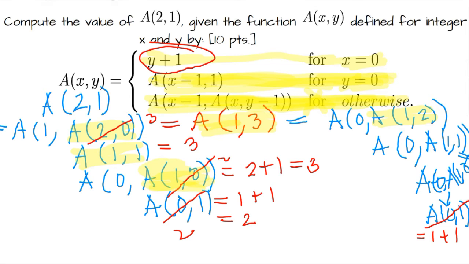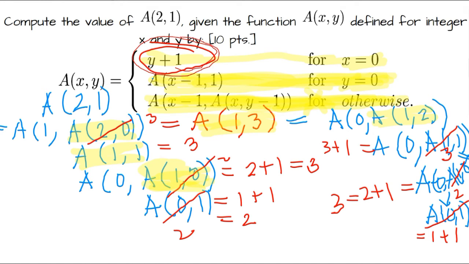So when this is 2, this will be A(0, 2). So A(0, 2) will be 2 plus 1, and that is equal to 3. So when A(1,1) is 3, we are now solving for A(0,3), and again that will be 3 plus 1.